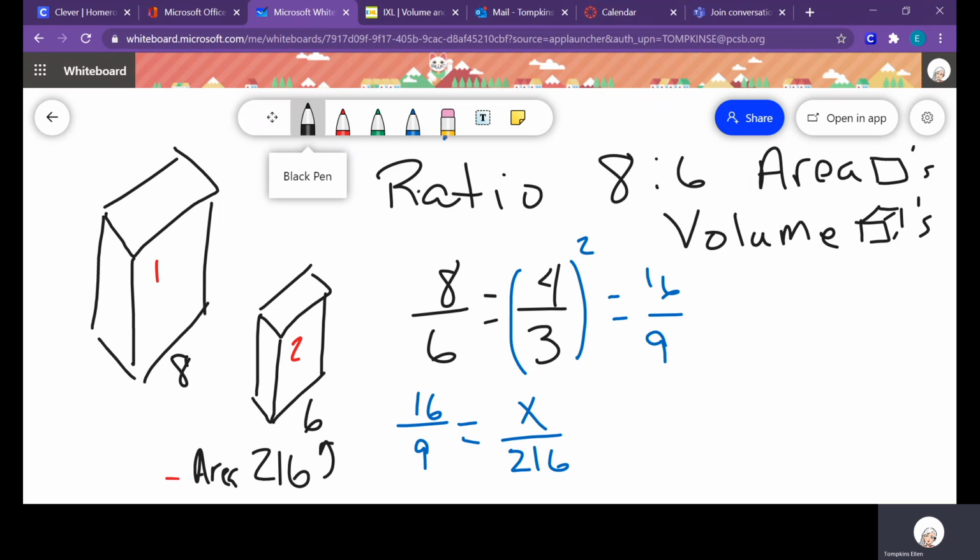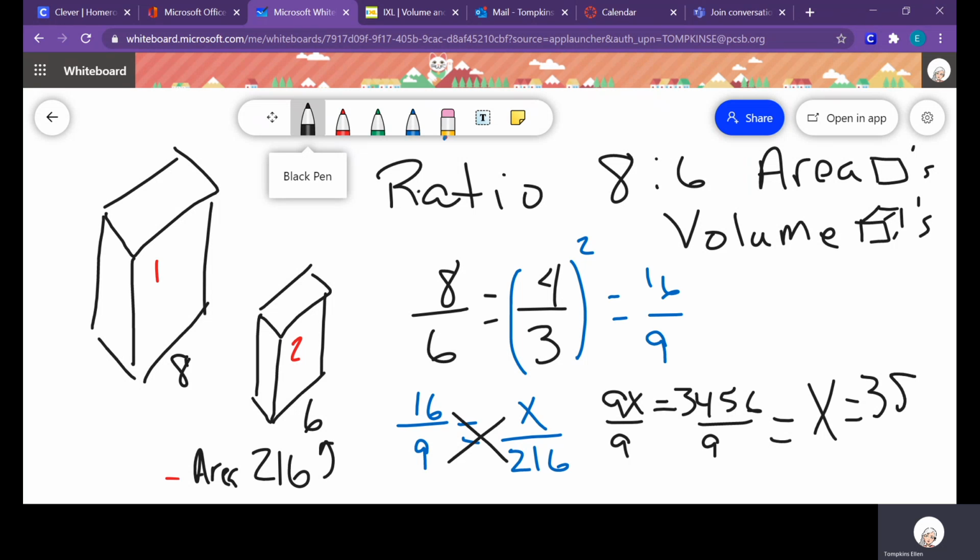We're now going to go ahead and cross multiply, and we're going to get 9x equals 3456. When we divide by 9, we're going to go ahead and get x equals 384, and that would have been in units squared.